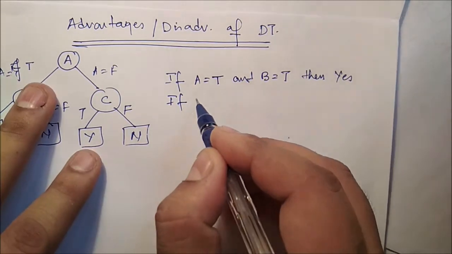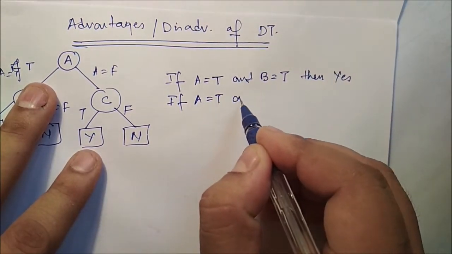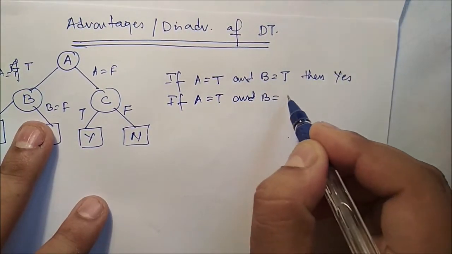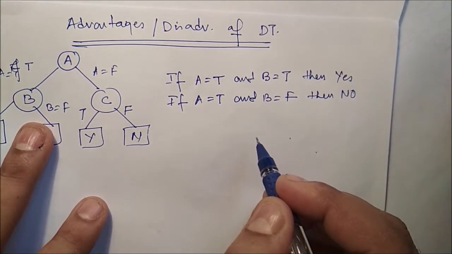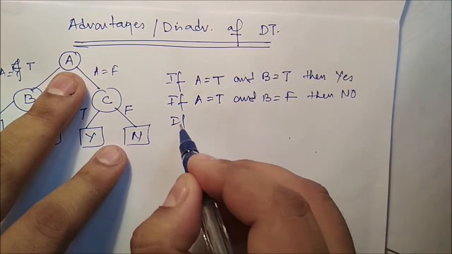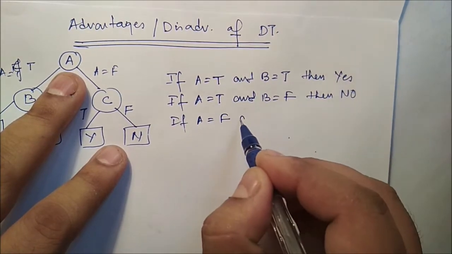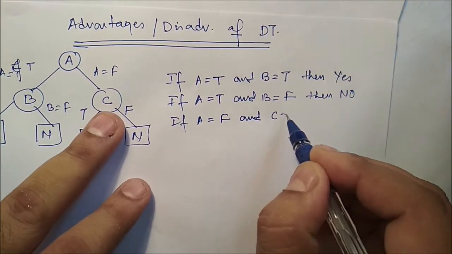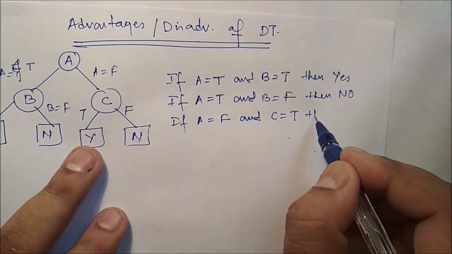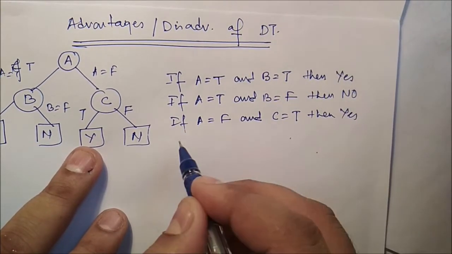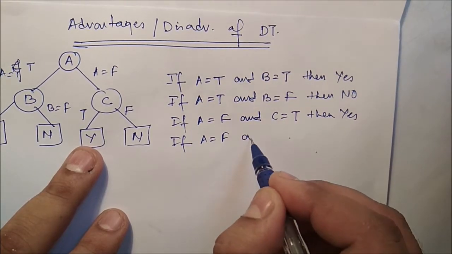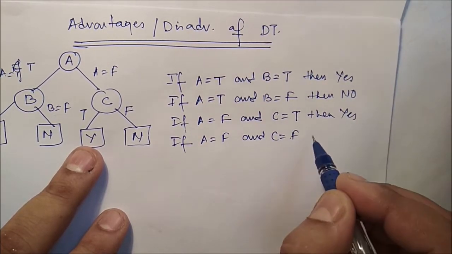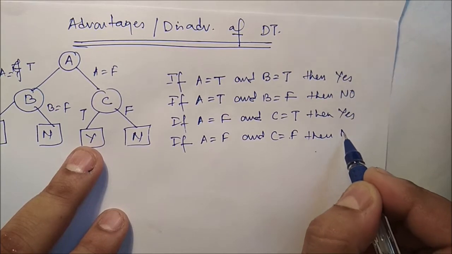Similarly, if A is true and B is false, then output is no. If A is false and C is true, then yes, and finally if A is false and C is false, then no.